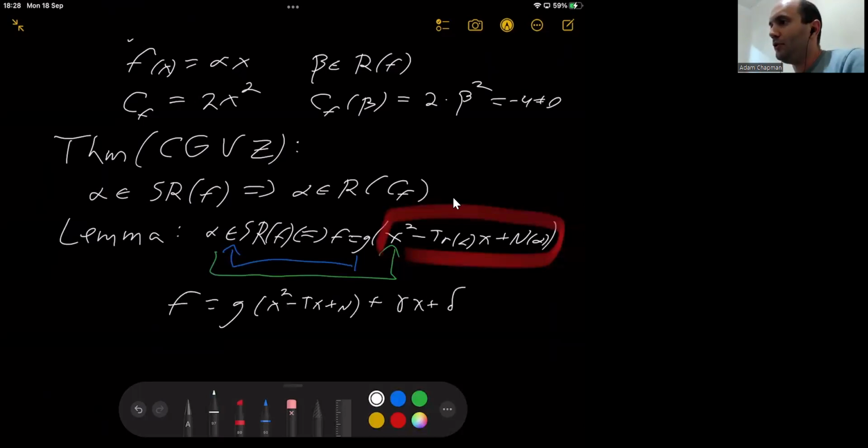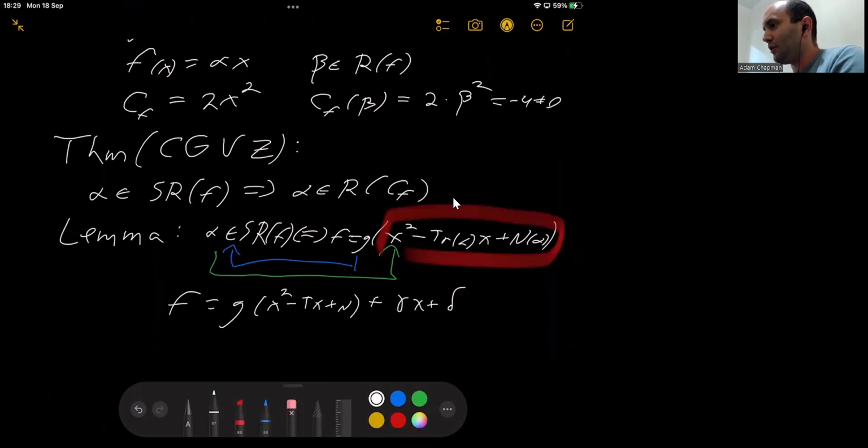And then you use the following trick. You say that alpha is spherical. So all the elements that are quadratically equivalent to alpha are also roots of f. Now, gamma lives inside some complex algebra.